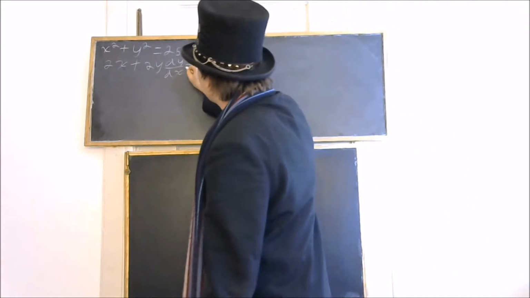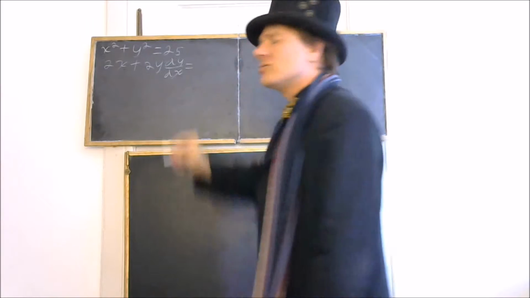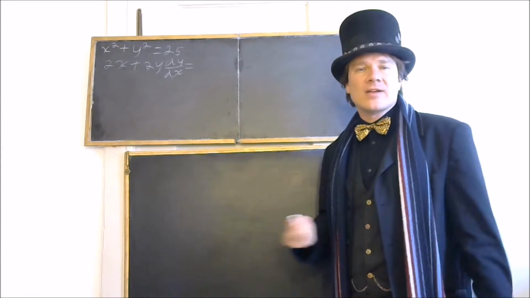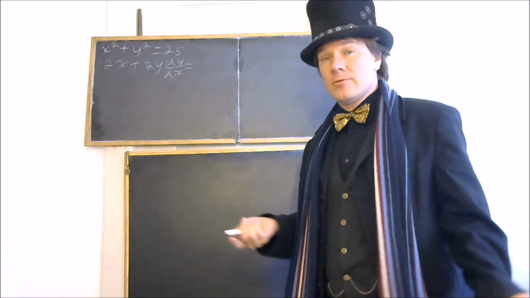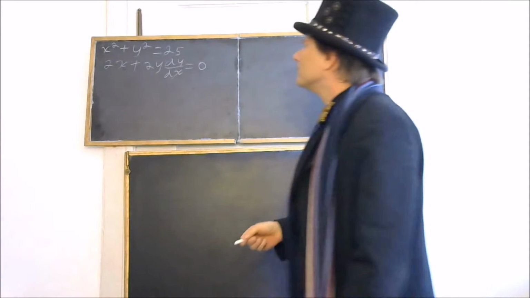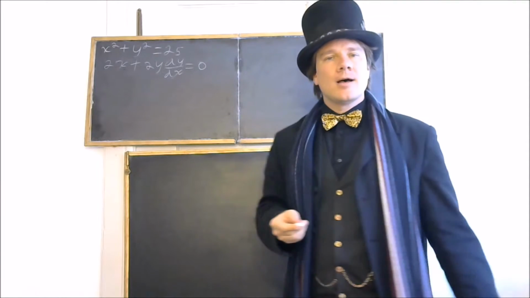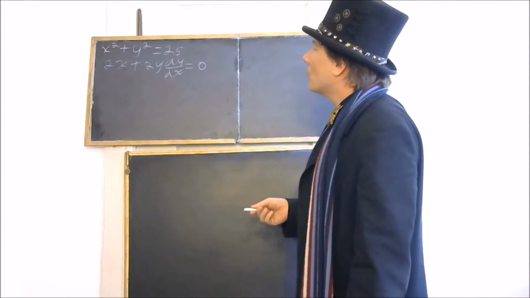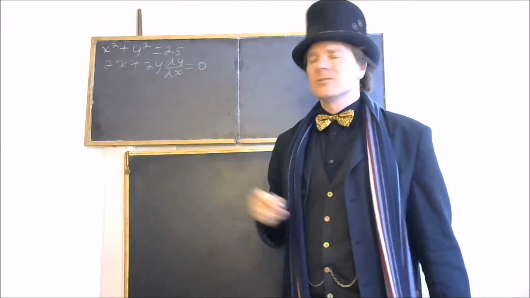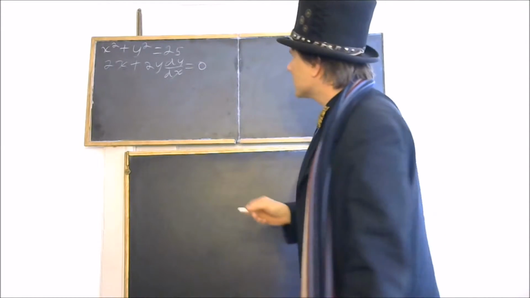And then we take the derivative of 25, which is a constant, and the derivative of any constant is simply 0. There we are. So what we want to do next is isolate dy/dx, solve for dy/dx.